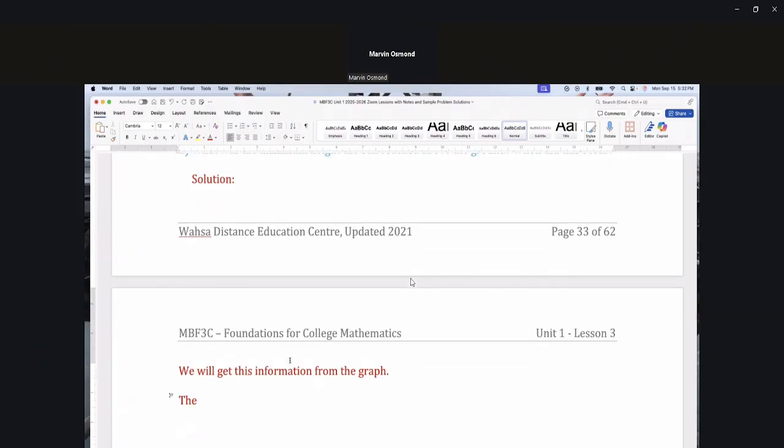The ball reached a maximum height of 75 meters, and this occurred after 1 second.